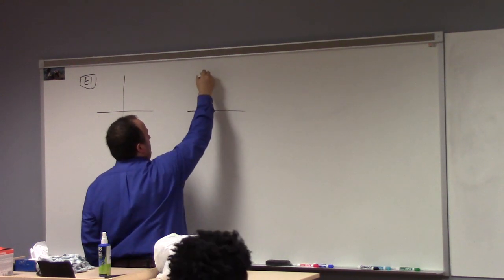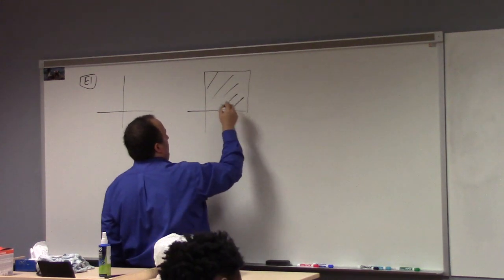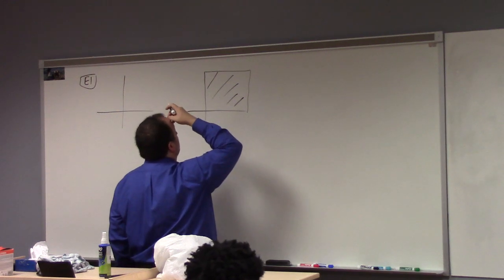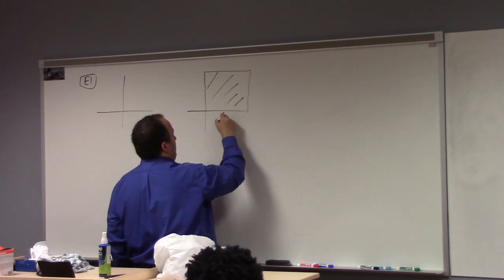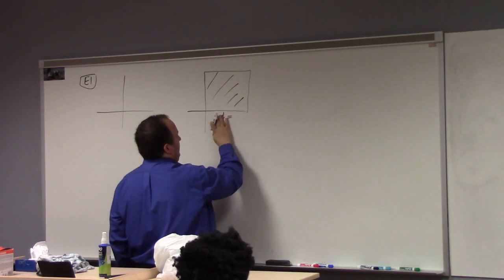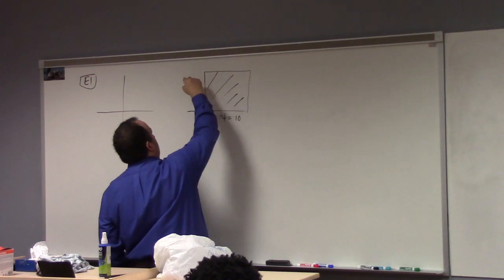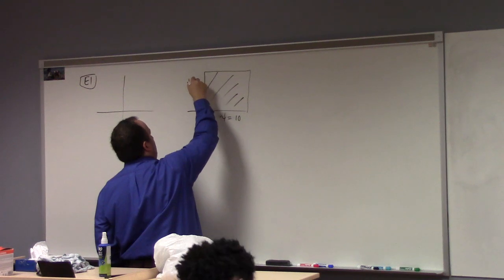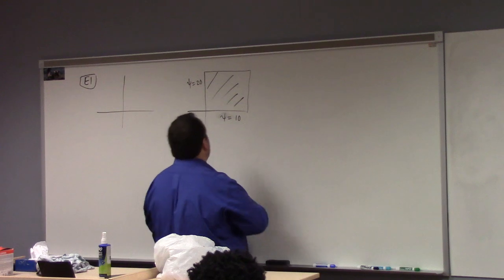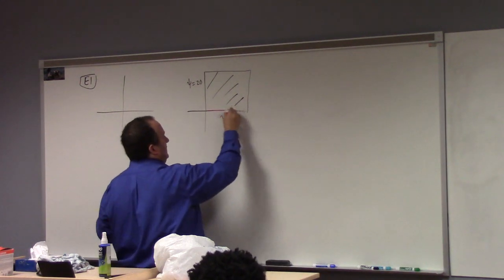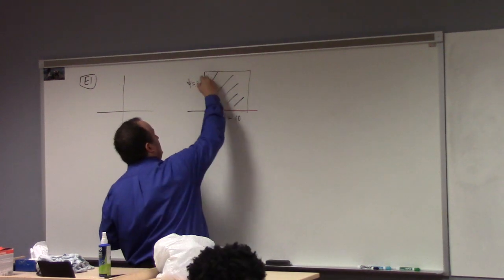I'm going to start with a solution of Laplace's equation here, and let's say we want psi equal to 10 here, and psi equal to 20 over here on the edges, right? So can we write down a solution to Laplace's equation on this quarter plane?